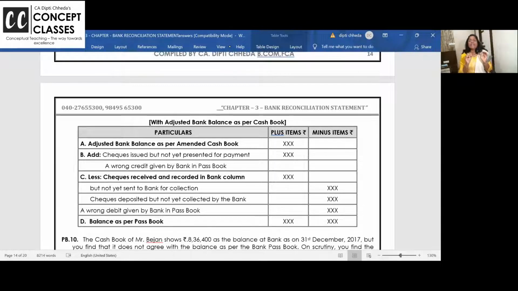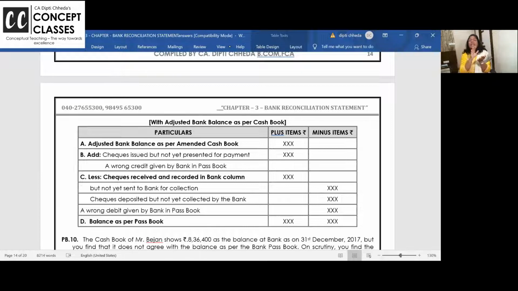If any entries are not recorded in our books, let us record them. My bank balance is 10,000, but I missed recording a 100 rupees payment. Let me record it in the adjusted cash book. So the adjusted cash book is nothing but the bank account in our books. If some entries are not recorded, record them.